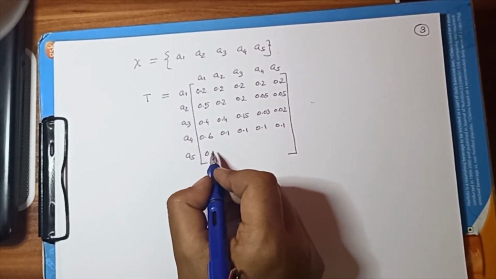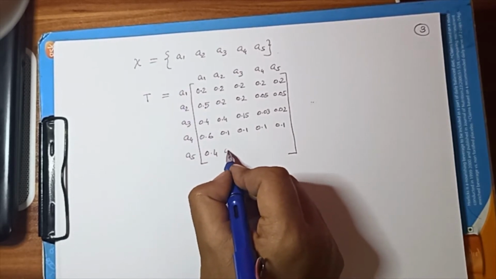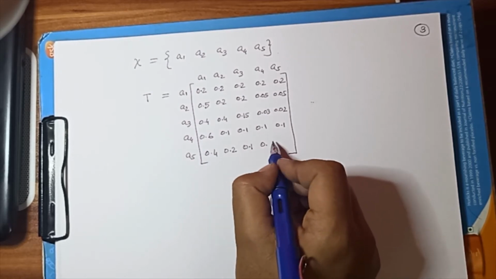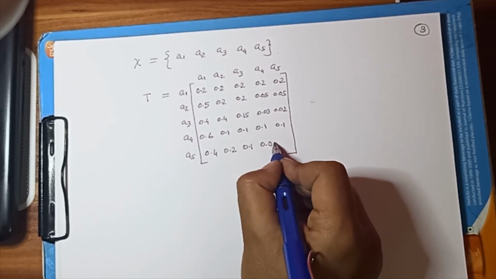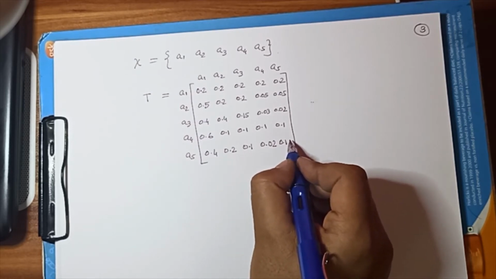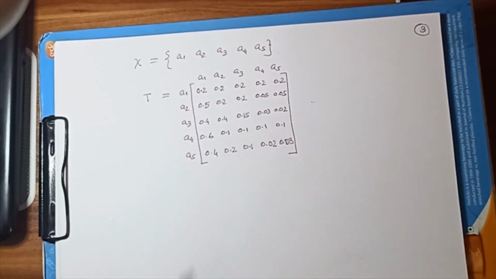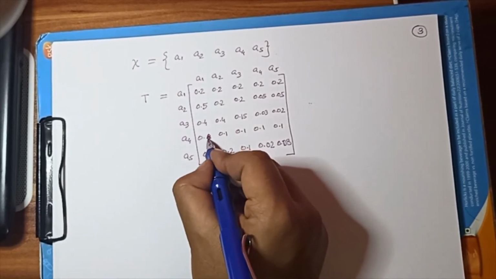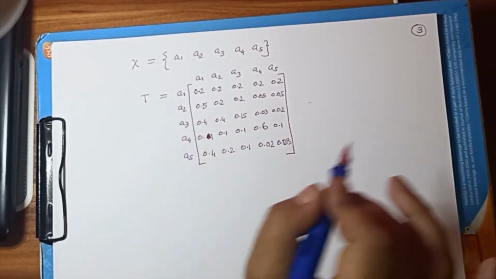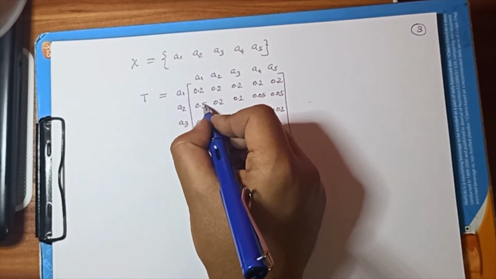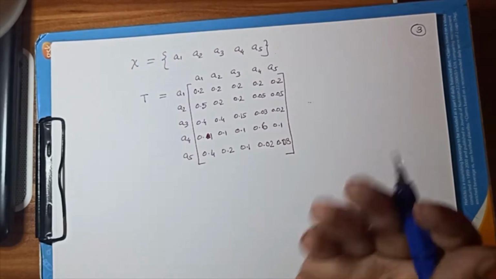This is 0.4, 0.2, 0.1, 0.02, 0.08, something like that. Okay, this is some transition probability matrix. Let us change this to 0.1 and this is 0.6. It does not matter. I put it in a non increasing kind of way, but that need not be the case.